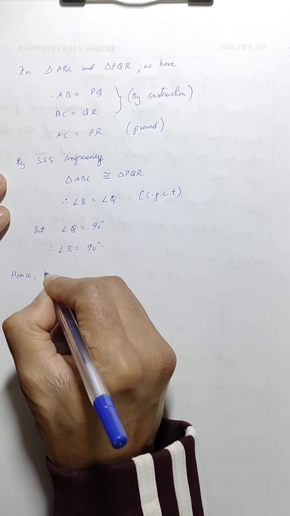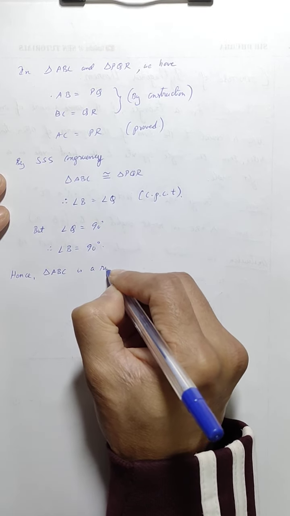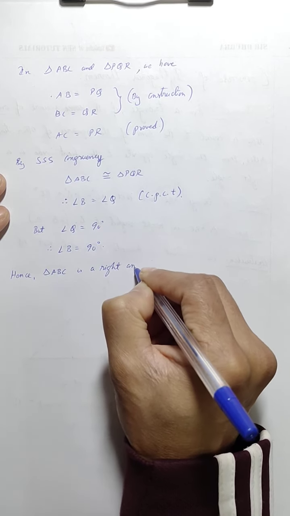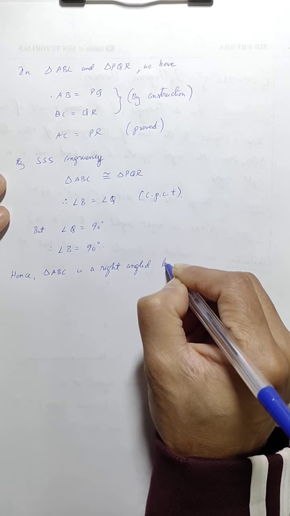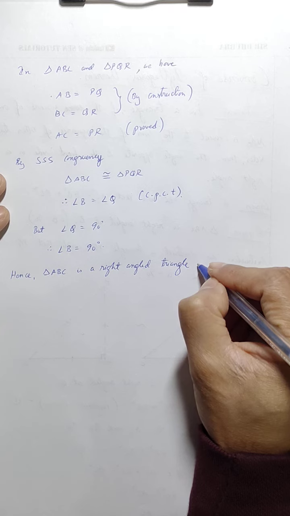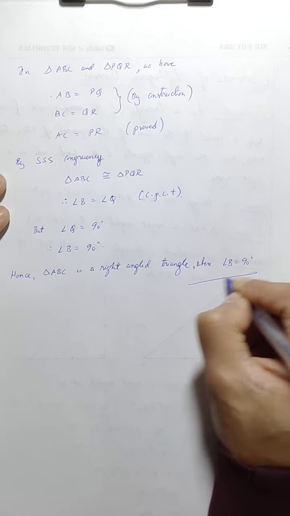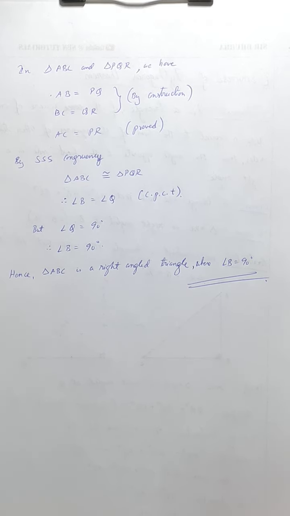Hence triangle ABC is a right angled triangle where angle B is equal to 90 degrees. So it's a simple proof. If you get this in the exams, you should be very happy. You can just write it down quickly and get some good marks. It was not complicated at all, isn't it?